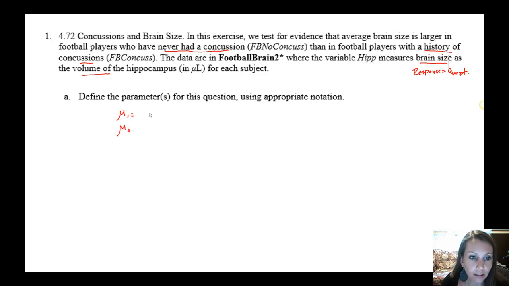So mu1 would represent the mean brain size for football players who've never had a concussion. So I'll write that down. Mean brain size for football players who've never had a concussion, so with no concussions.